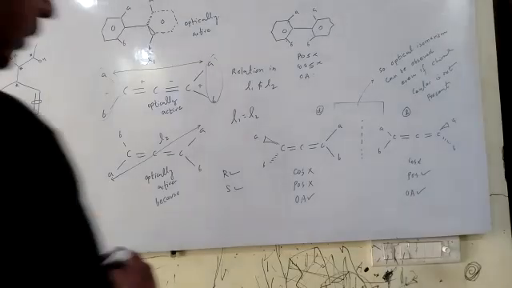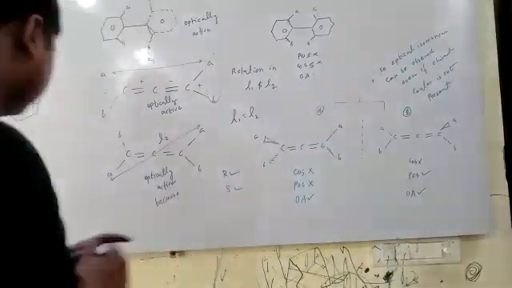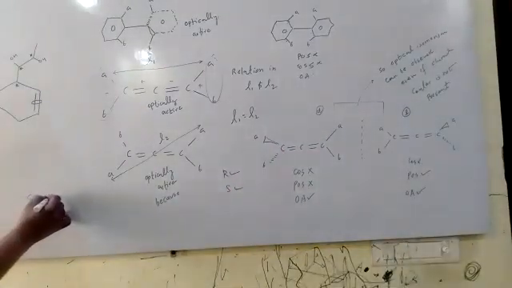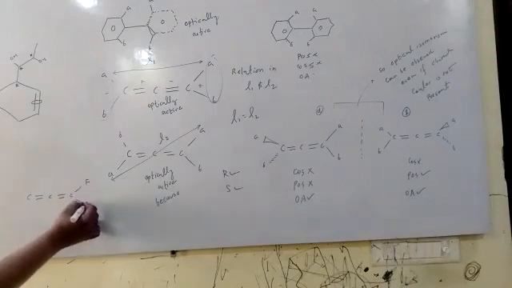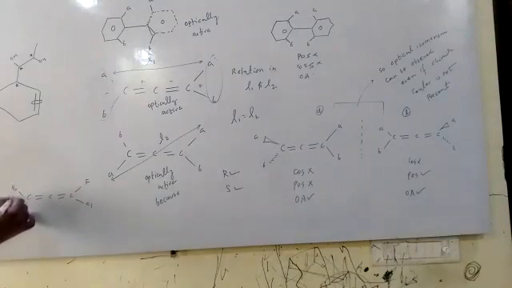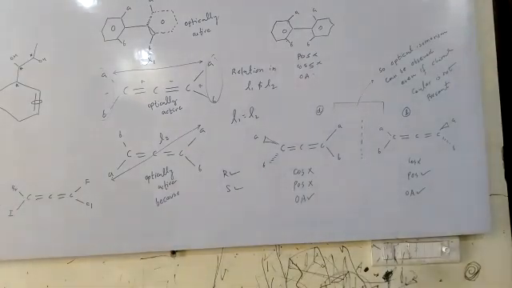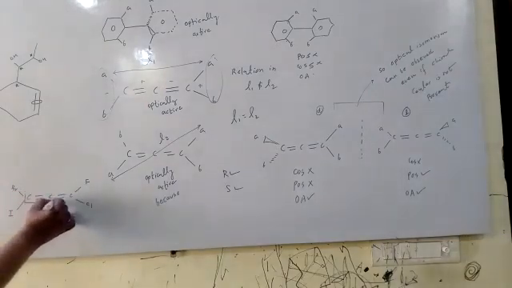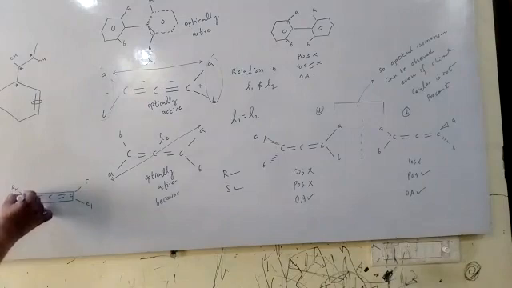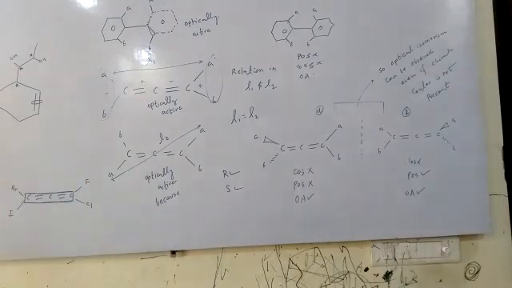Okay. So what will be its configuration? Like this is F, this is Cl, this is Br, and this is I. Okay. And we know this is treated as a chiral center, correct? Because its mirror image will be a different compound. Are you getting me? Its mirror image will be different.